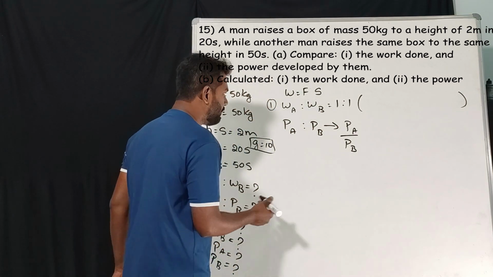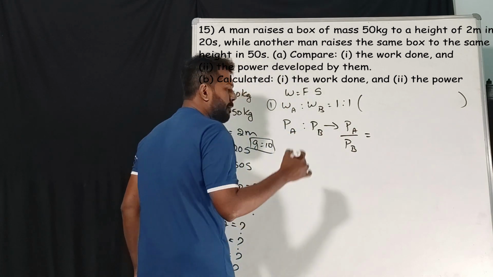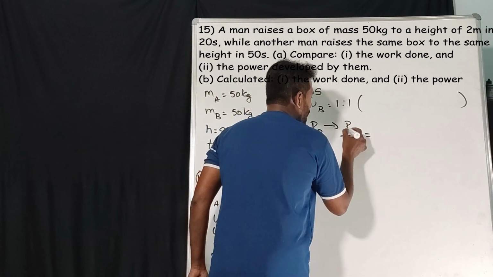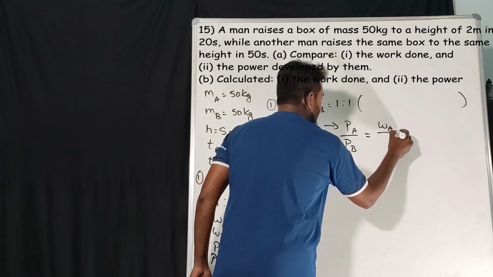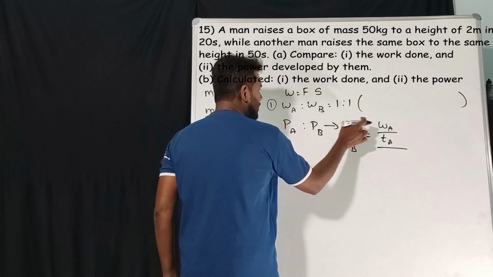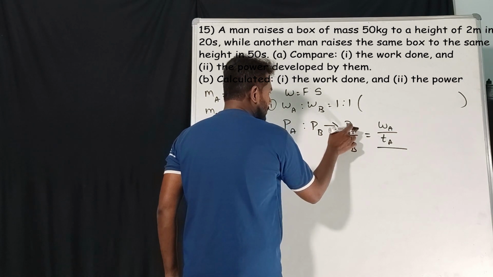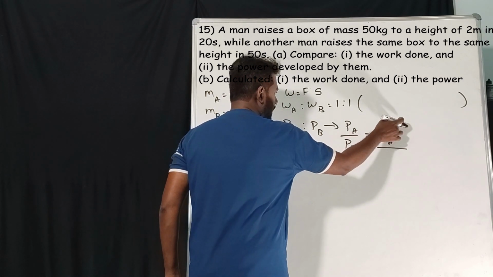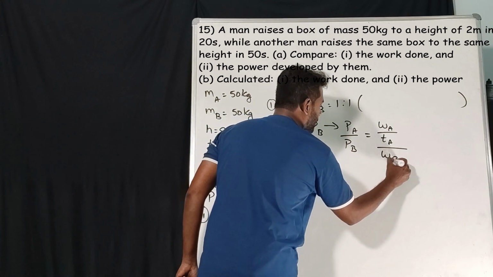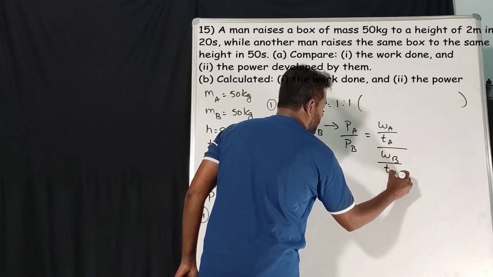Now, what is PA? Power spent by person A. That depends upon work done by A divided by time taken by A. That is the formula for power, right? Power is equal to work done by time. So we are talking about person A, work done by A and time taken by A. In the same way, work done by B and time taken by B.